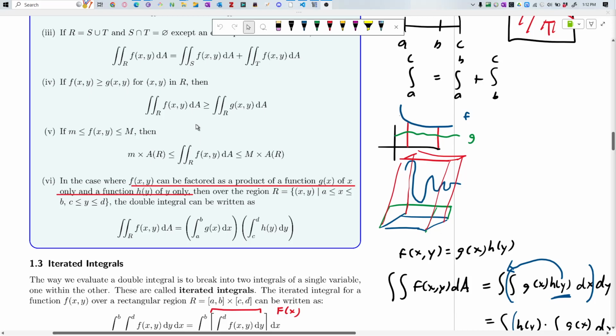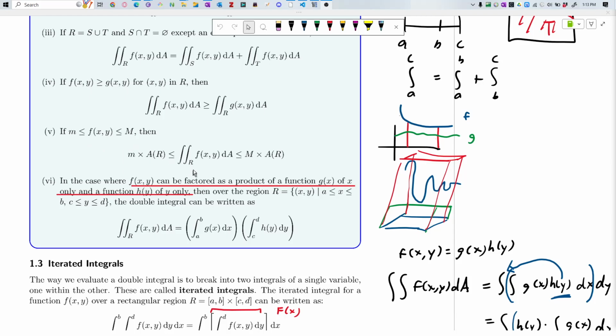Okay, 5 is sort of recasting 4 into a very particular situation. So little m and big M are supposed to be particular constants, particular numbers. Like, take them to be the minimum value and the maximum value of the function f on the region R that you're considering.